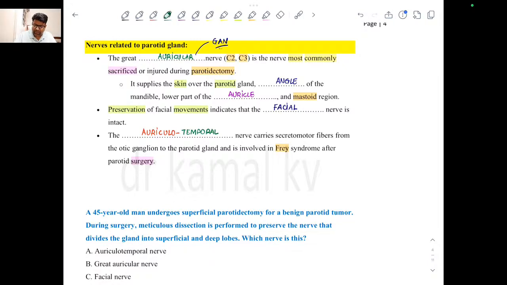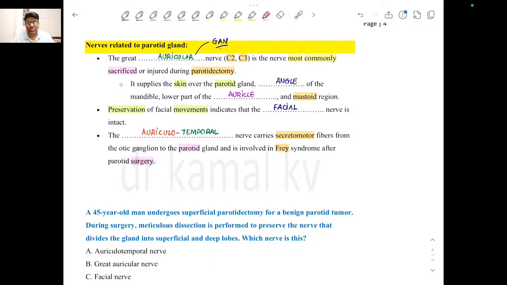So this nerve is also supplying the external ear along with the great auricular nerve, and this is also bringing the secretomotor fibers from the otic ganglion to the parotid gland, and therefore it results in salivation from the parotid gland.